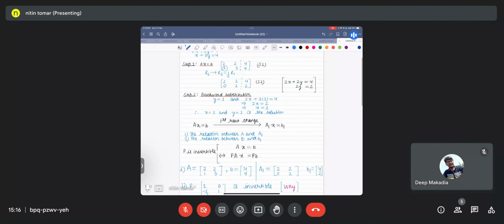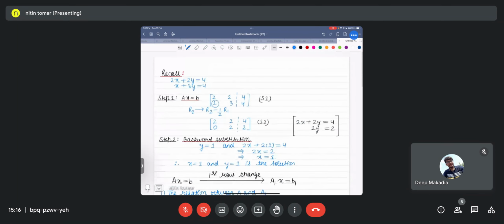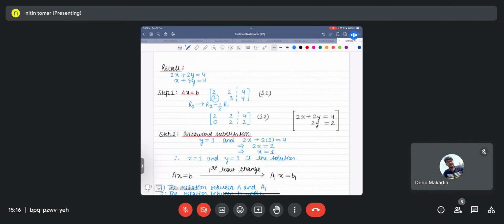Okay. So let us start from the beginning. The question was why under row operations the solution does not change. So to see this, we started with this example: 2x plus 2y equal to 4 and x plus 3y equal to 4. Step one is converting it into the matrix system. The corresponding augmented matrix would be 2, 2, 4, 1, 3, 4.